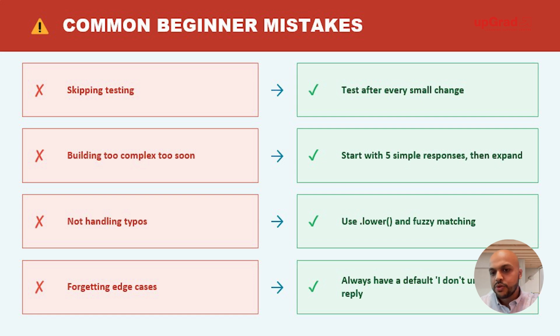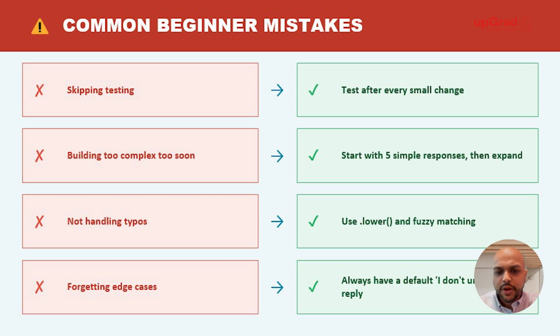Not handling typos: users will type 'HELO' instead of 'HELLO'. Use dot lower, and look up fuzzy matching libraries later. And forgetting edge cases: always have a default response, something like 'Sorry, I did not understand that. Can you rephrase?' Without this, your bot will go silent and confuse users.